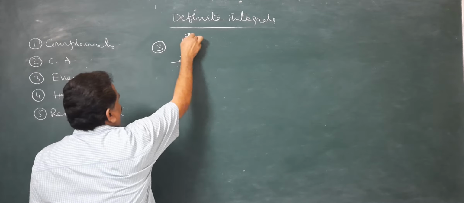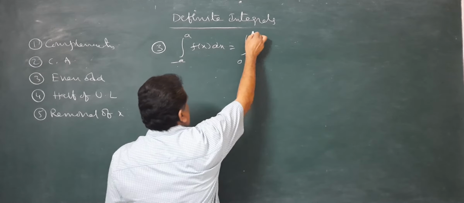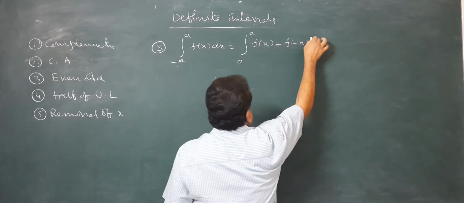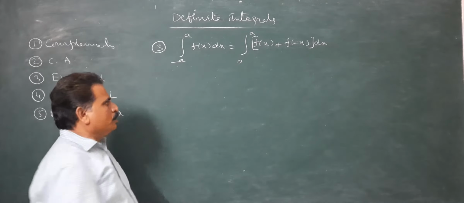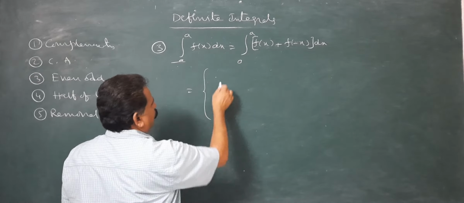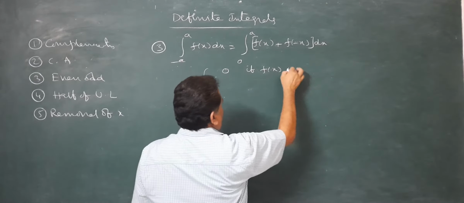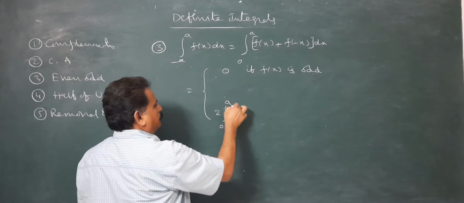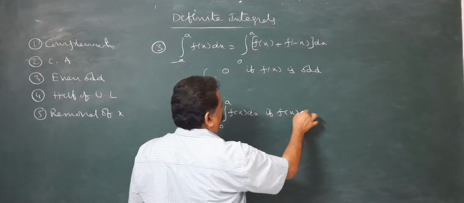Integral minus a to a f(x) dx is equal to integral 0 to a of f(x) plus f(minus x) dx, that is equal to 0 if f(x) is odd, and 2 times integral 0 to a f(x) dx if f(x) is even.